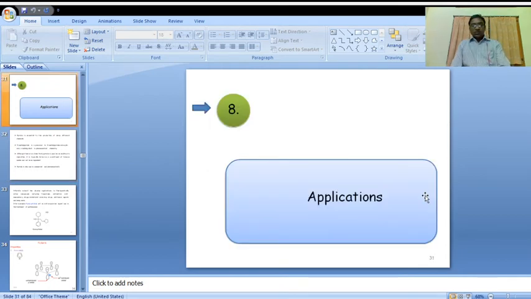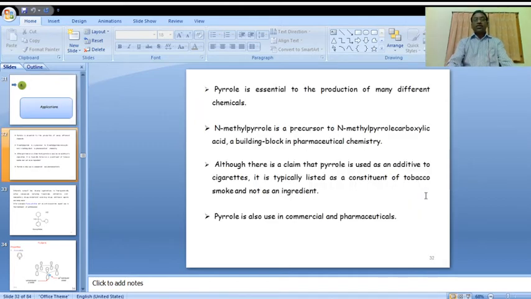Now let us go to applications of pyrrole. Pyrrole is essential to the production of many different chemicals. In the chemical industry and the pharmaceutical industry, it is a useful compound.